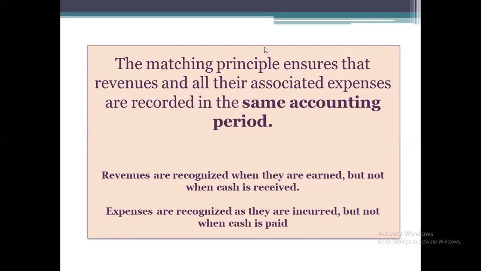So is that 500 an income or an expense to the business? You guys tell me quickly. The bank is saying I will give you interest of 500 because of my deposits. Income. Everyone agrees that it is an income. But that income got credited in my books on 5th of January next year.